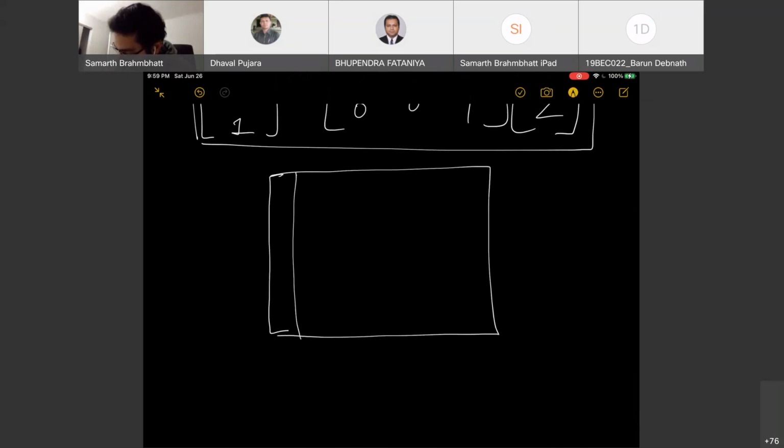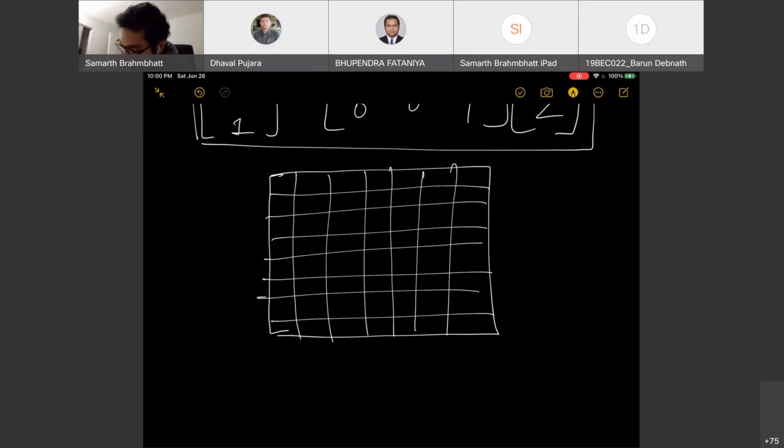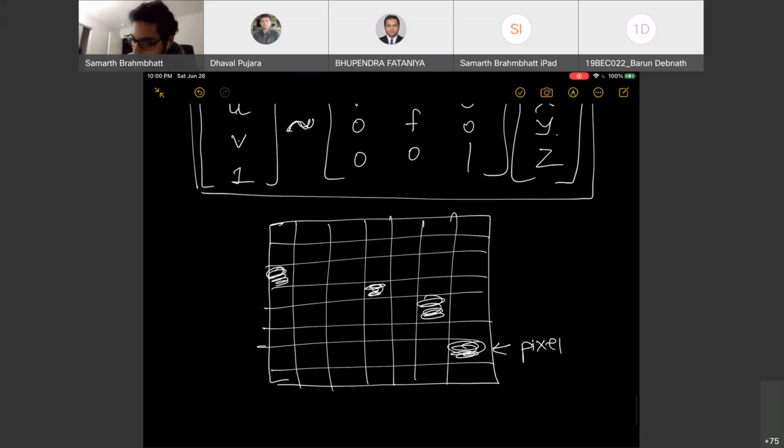sort of like this, right? The image is rectangular, and each of these things is called a pixel. Pixel over here. So typically, in Python, you have NumPy, you can have this kind of 2D arrays and things like that. The indexing of this array starts from here.